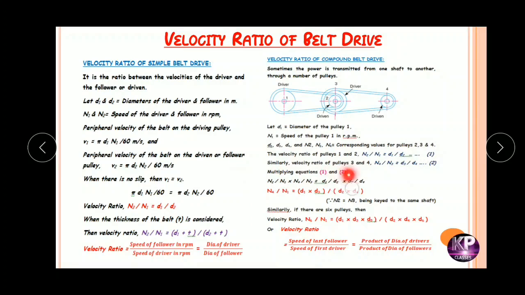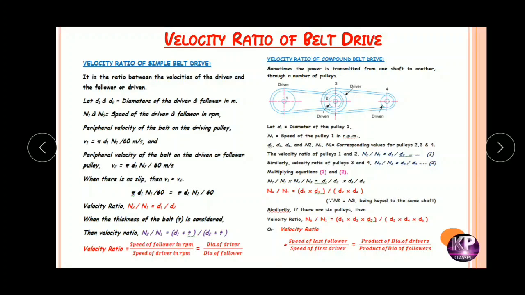Similarly, velocity ratio of pulley 3 and 4, n4 by n3 equal to d3 by d4. Now multiplying these two equations, we get n2 by n1 into n4 by n3 equal to d1 by d2 into d3 by d4.